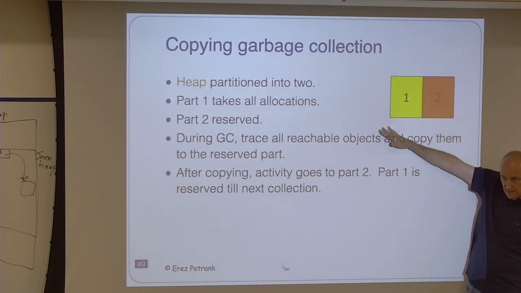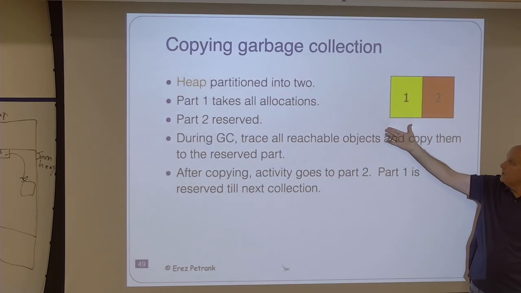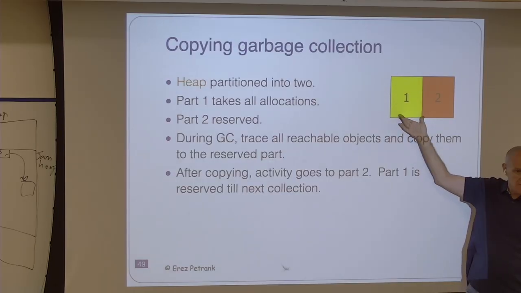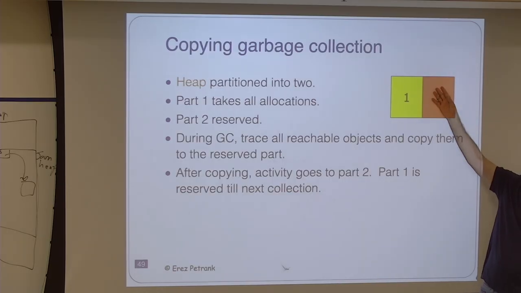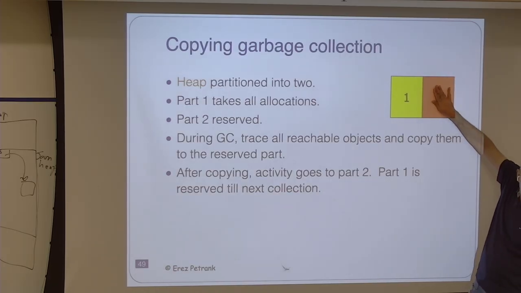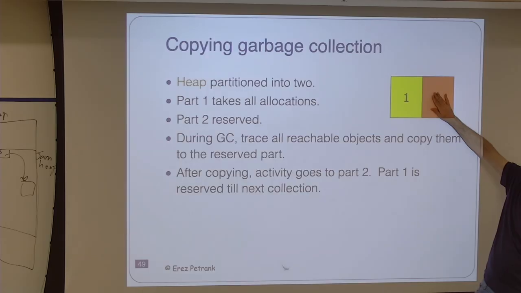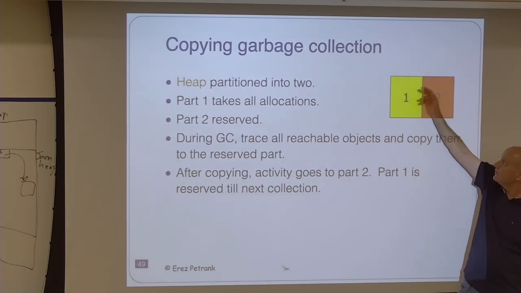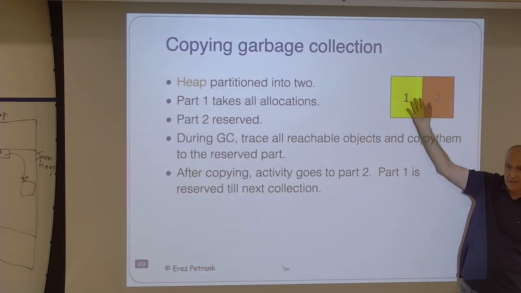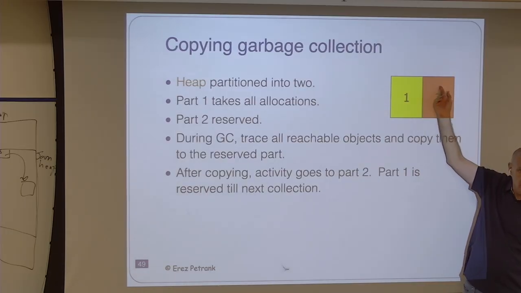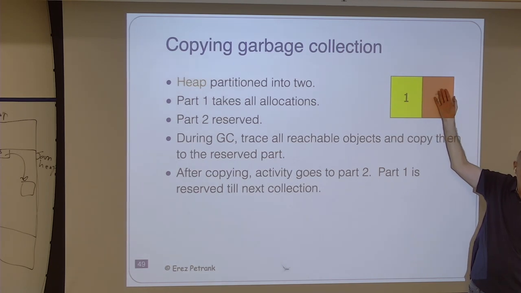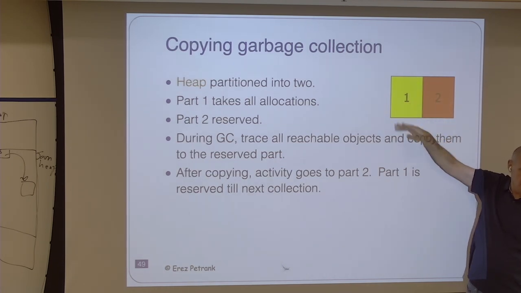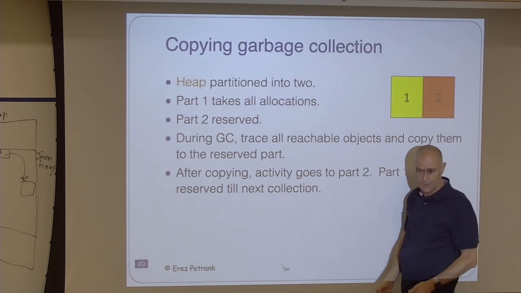When that space is completely exhausted, the garbage collector comes, it traverses whatever is reachable and copies it to the second part. The second part is kept unused throughout the execution. It's free. You take everything that's traversed and copy it to here, and then you just start working on the second part, and the first part becomes reserved for the next collection.